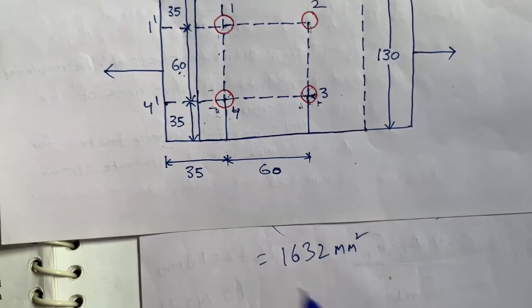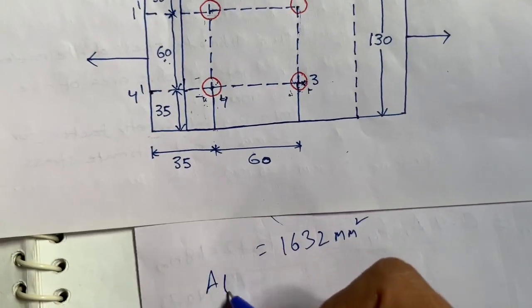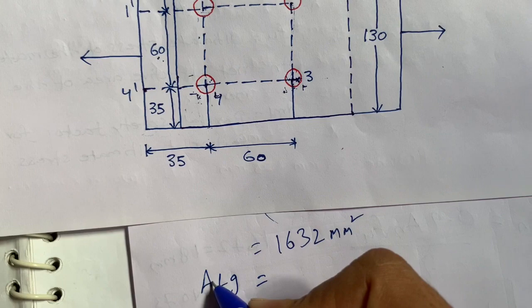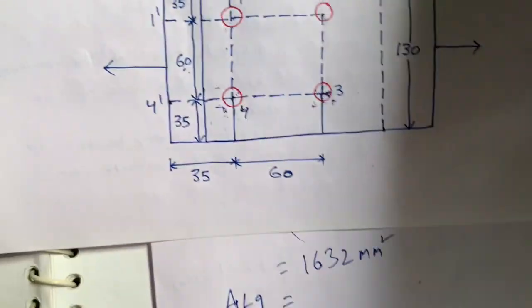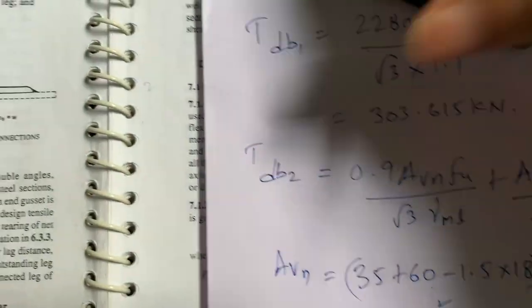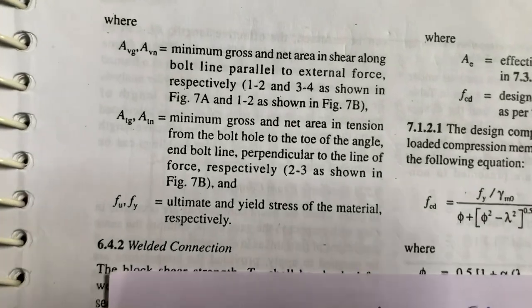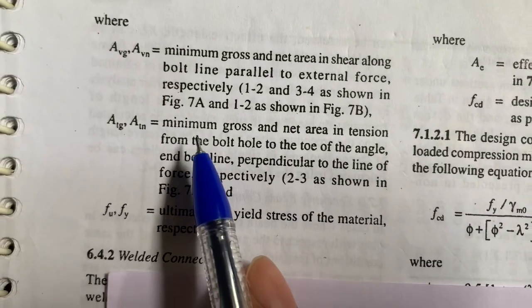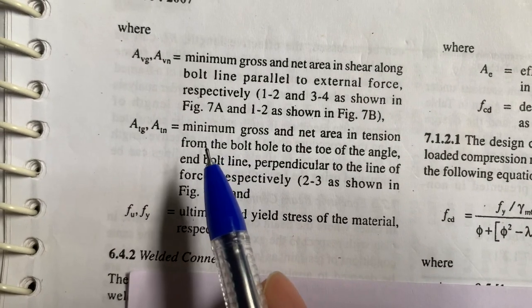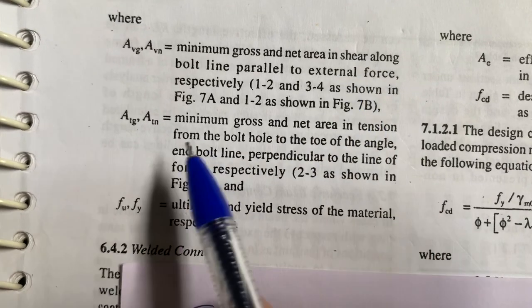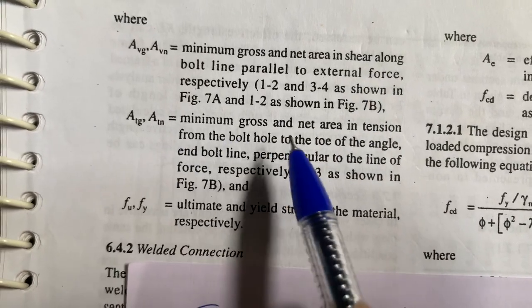After that, in our equation the next value is ATG. We need to find out the ATG value. The code mentions the minimum gross area. Before that we solved the net area, and now ATG is the gross area in tension.